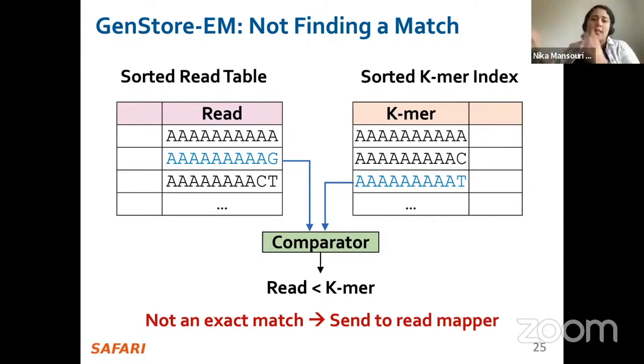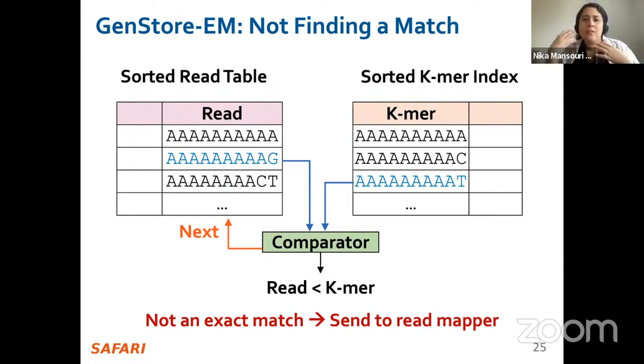It can be a hardware accelerator outside the SSD, or a processing-in-memory accelerator, a processing-in-cache accelerator, anywhere, or even a software read mapper executed on, let's say, the host CPUs. This can just go to the read mappers outside. So then we can go to the next read and examine it.